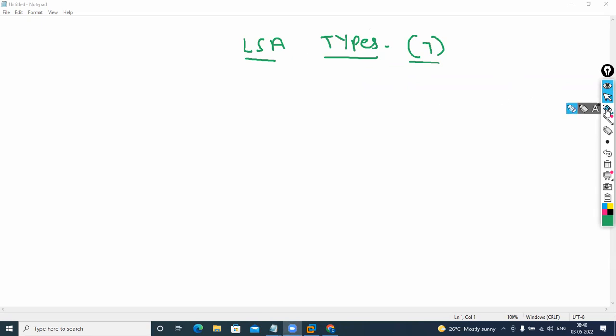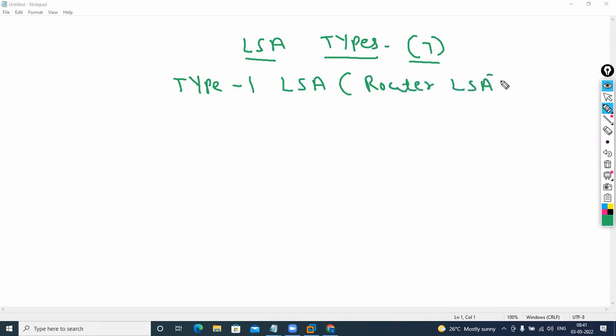Very good. So we have LSA type 1. Very important for interviews. Type 1 LSA, we call it router LSA. You need to know two things about these LSA types: who is the originator and what is the flooding scope?